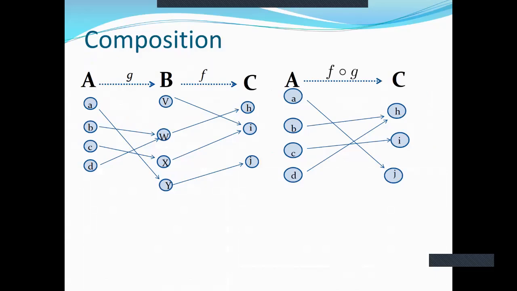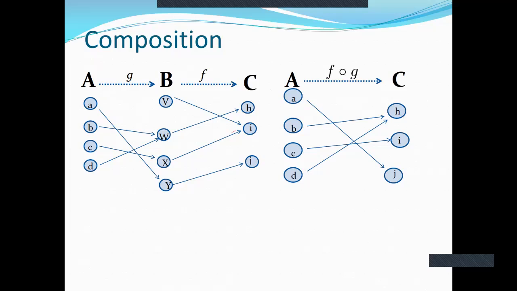Here in this slide, we can see the example that I mentioned in the previous slide. Here you can see we have a function A to B, that is G. So the A to B mapping is with the function G, and B to C mapping is with function F, right?